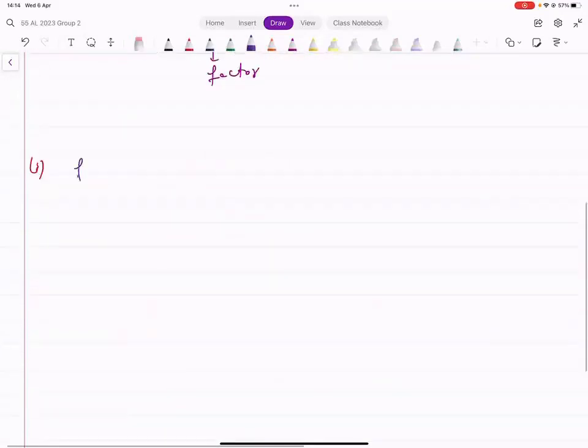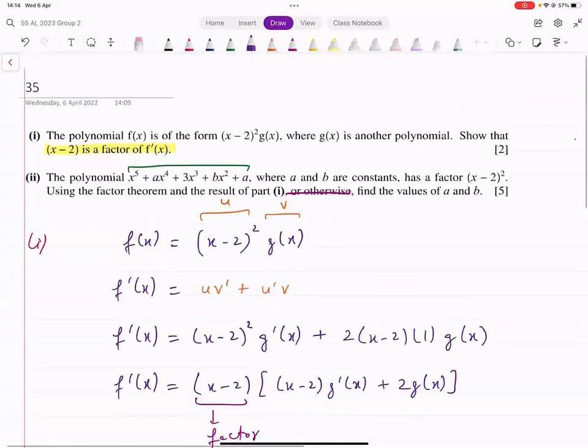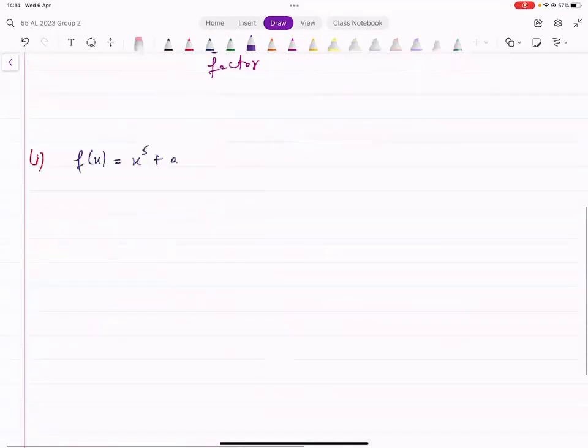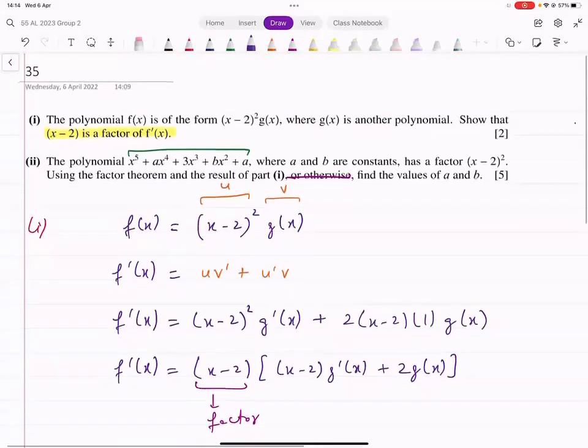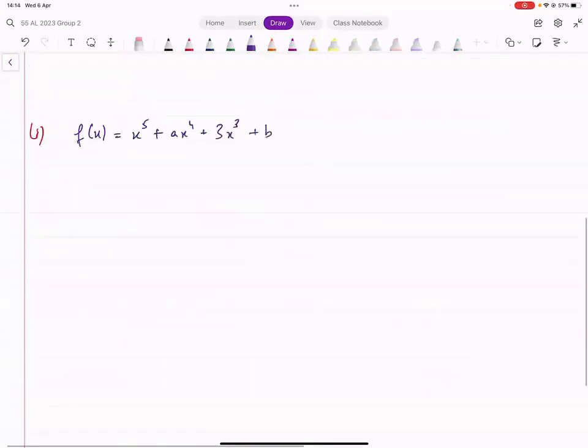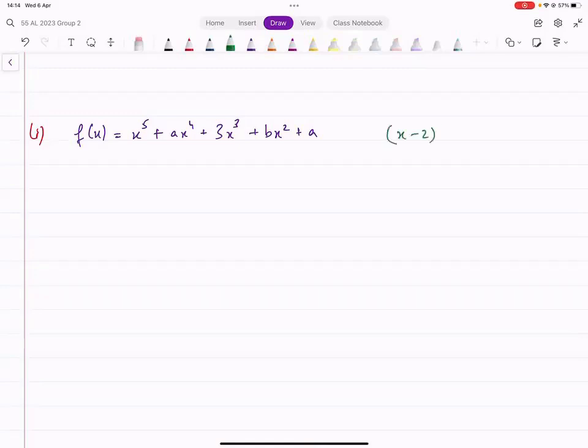Let's say this is our polynomial x raised to power 5 plus ax raised to power 4 plus 3x cubed plus bx square plus a. This is the polynomial. Now we are given that x minus 2 whole square is a factor.